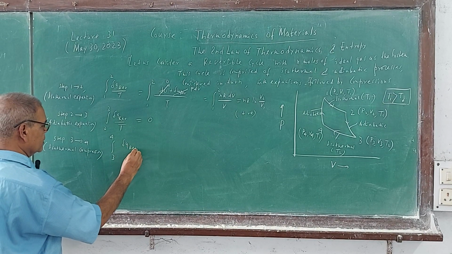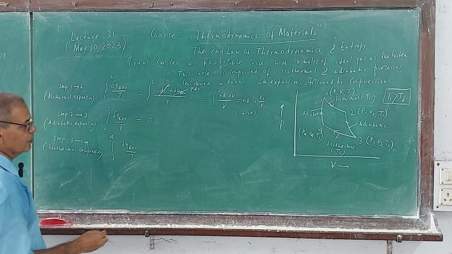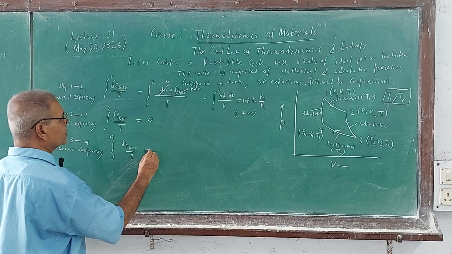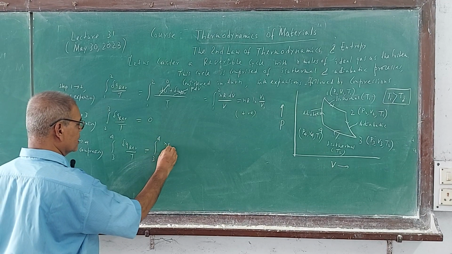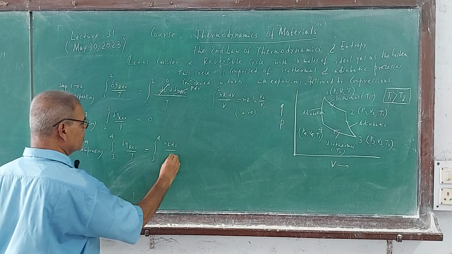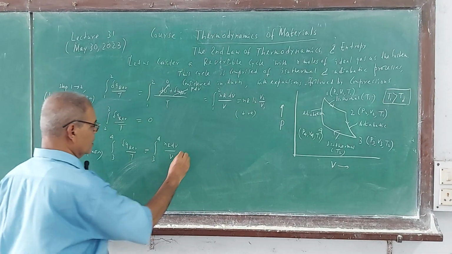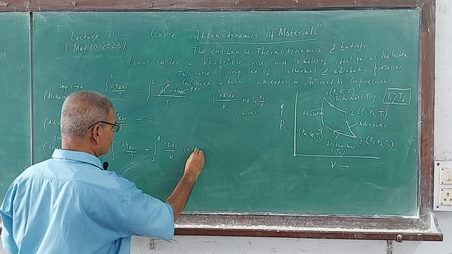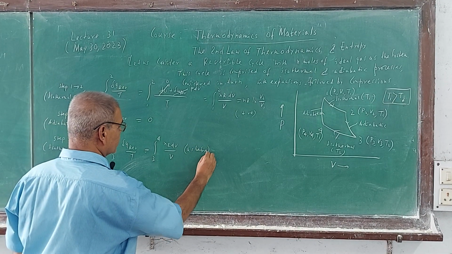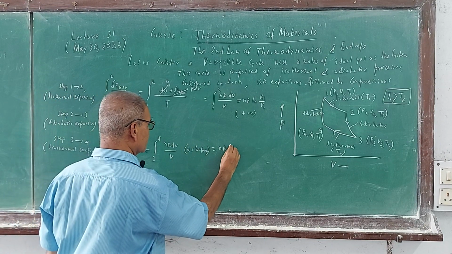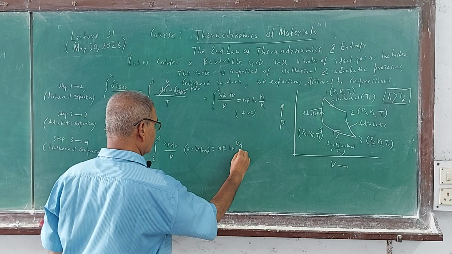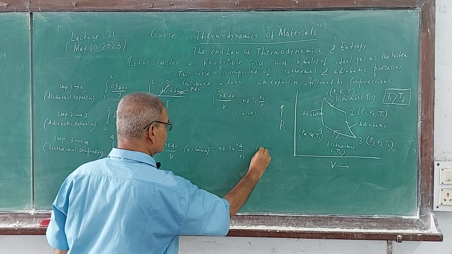dq reversible by T from 3 to 4, as before, is nR dV by V. As before, for isothermal it is nR ln V4 by V3. This is of course a negative quantity.